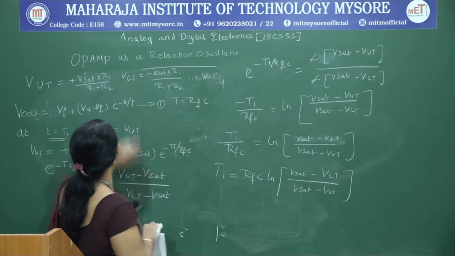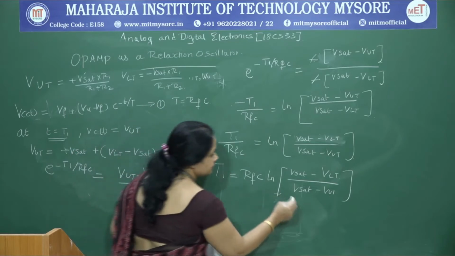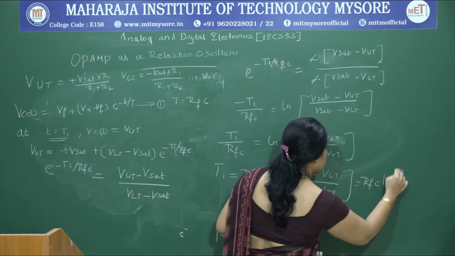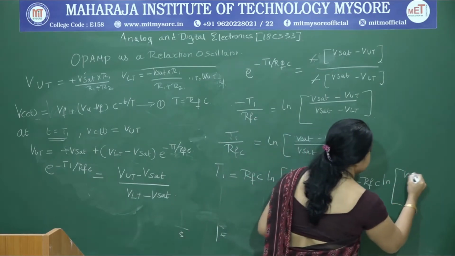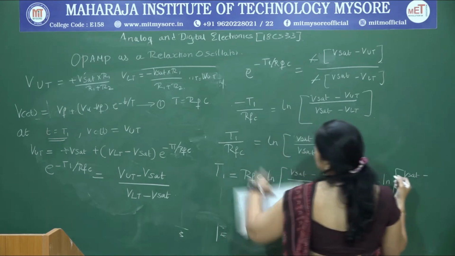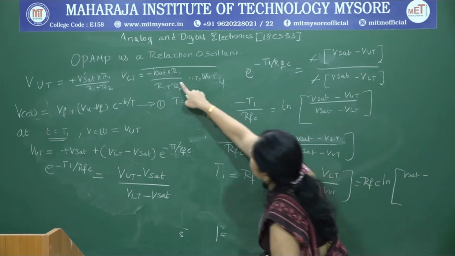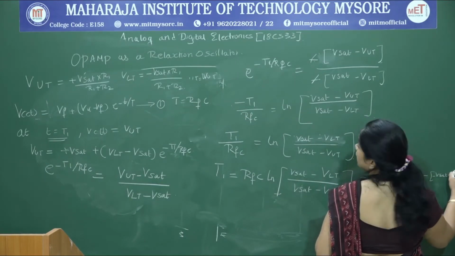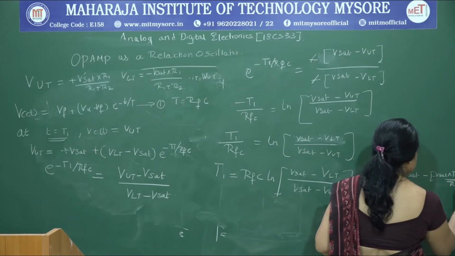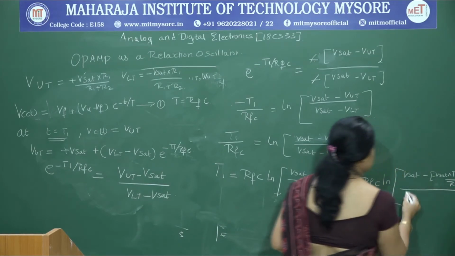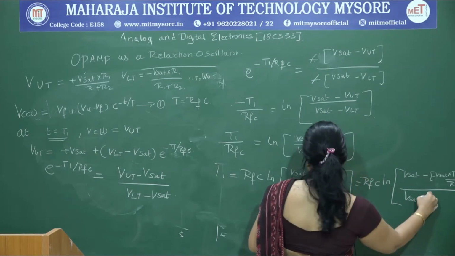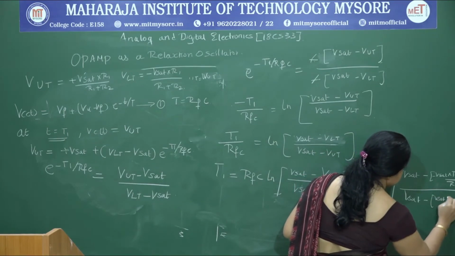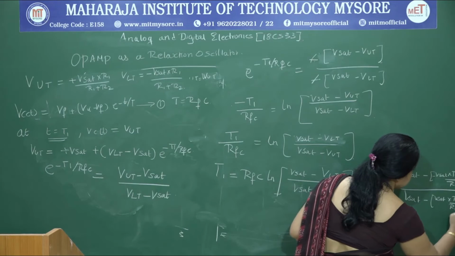Now, we have the values of VLT and VUT, and we will substitute. It is going to be RFC logarithm of Vsat minus VLT, and VLT is minus Vsat into R1 by R1 plus R2, so minus of minus Vsat into R1 by R1 plus R2, and in the denominator we have Vsat minus Vsat into R1 by R1 plus R2.